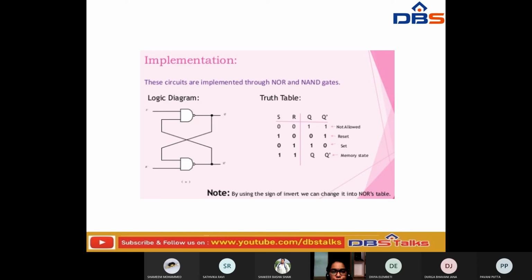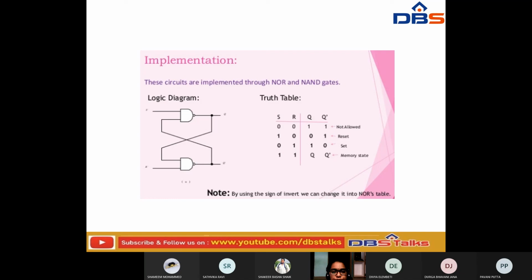That is not allowed. If S is 1 and R is 0, then Q will be 0 and Q dash will be 1. If S is 0 and R is 1, then Q becomes 1 and Q dash becomes 0.